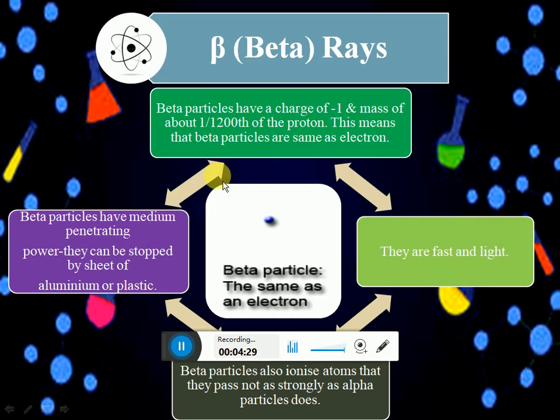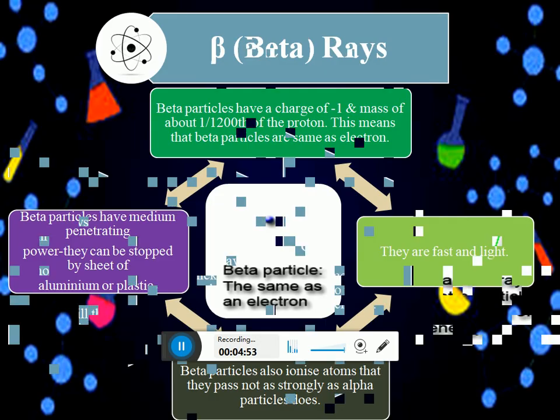Beta particles have a charge of -1 and a mass of 1/1200 of the proton. This means beta particles are the same as electrons, so we can call a beta particle an electron also. As I have told earlier, beta particles can move faster than alpha particles but slower than gamma rays.